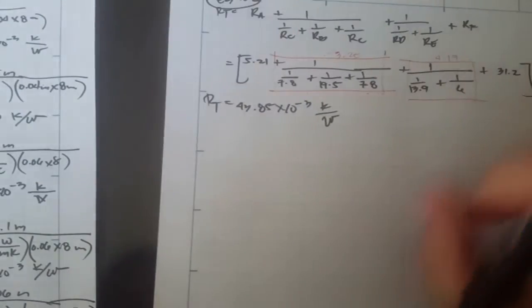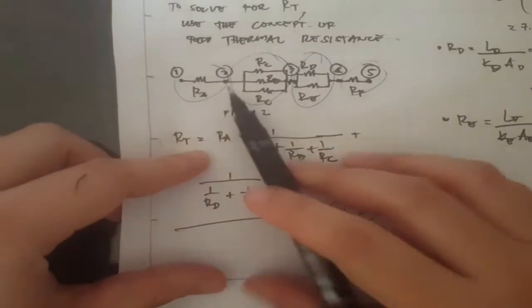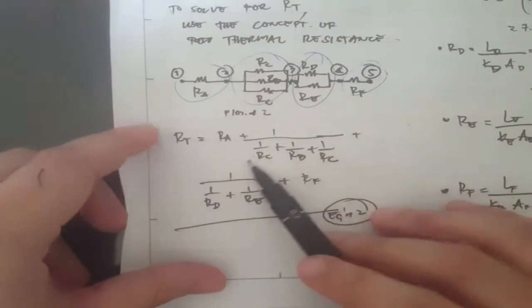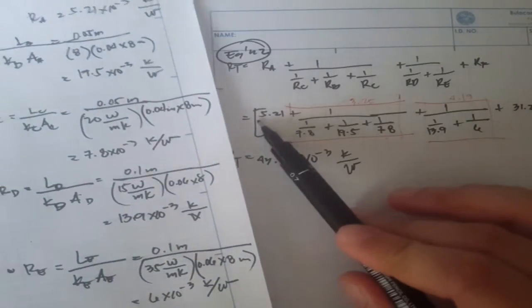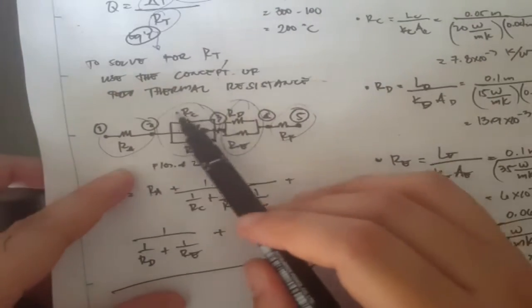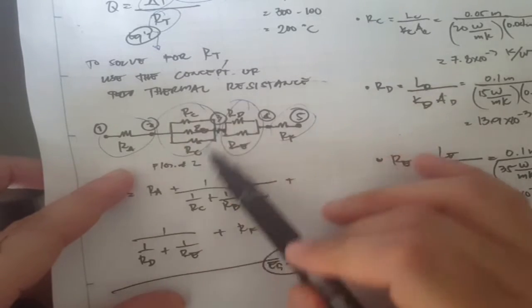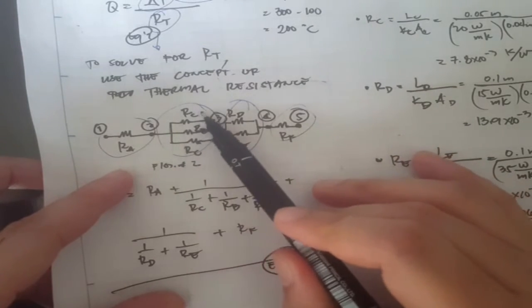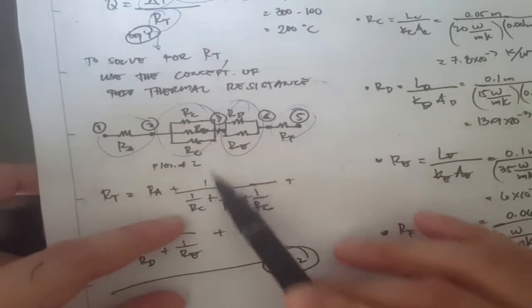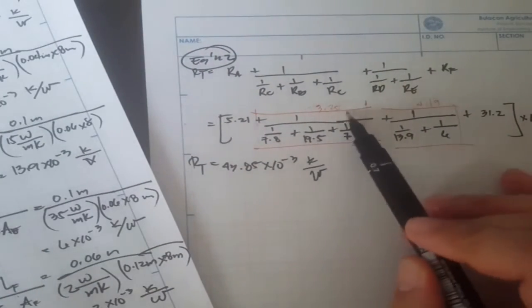Let's go back to our figure. This part here, RA, is this one, and the parallel combination of B and C is this part, equal to 3.25.